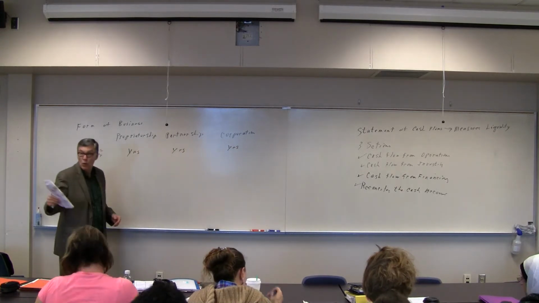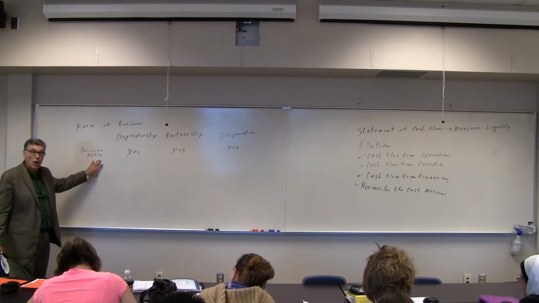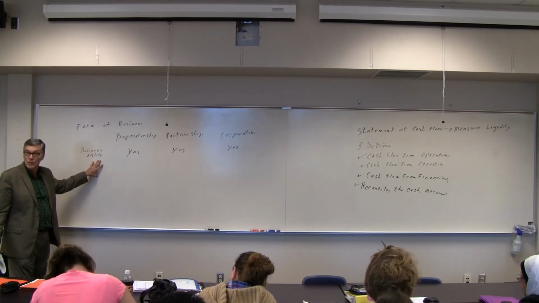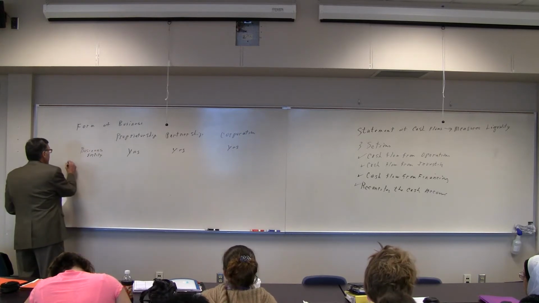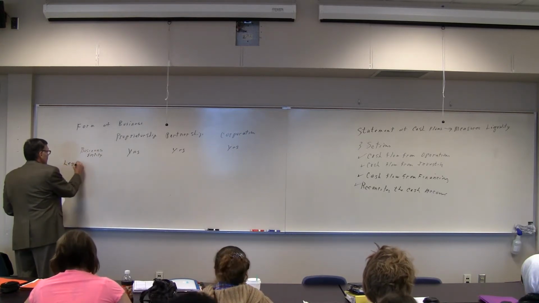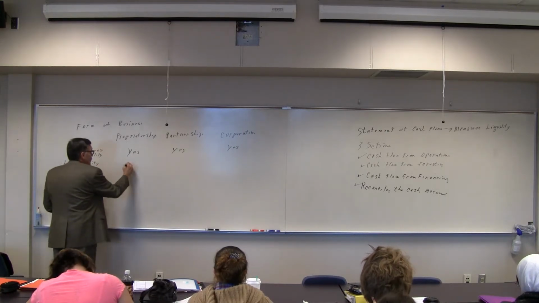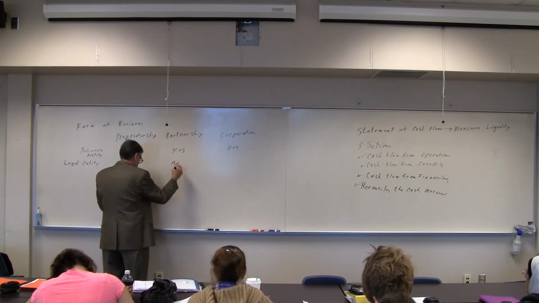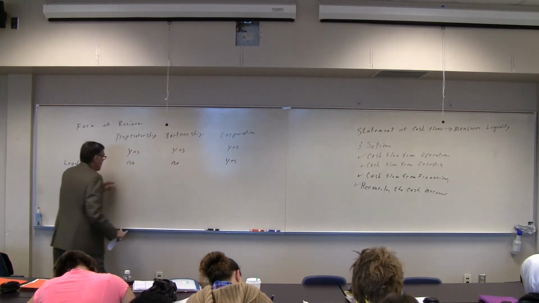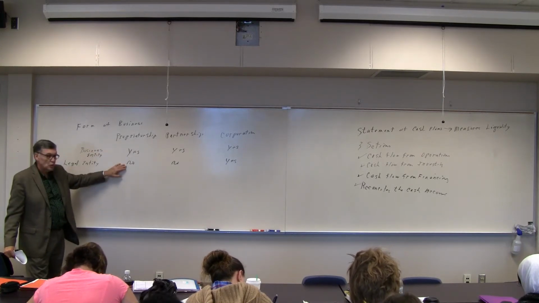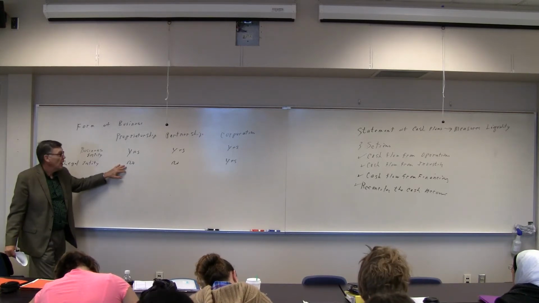So this is what we talked about earlier. From an accounting standpoint, the business is always separate from the owners and the creditors. Okay, from an accounting standpoint. From a legal point of view, the sole proprietor assumes all the debts of the business, okay?